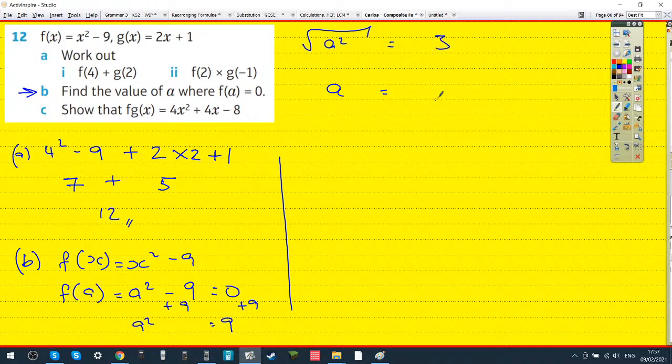There's a second answer. Another very similar number that when you square it, you also get 9. Oh, plus minus. Yes, minus 3 as well. Plus or minus 3. That's it.